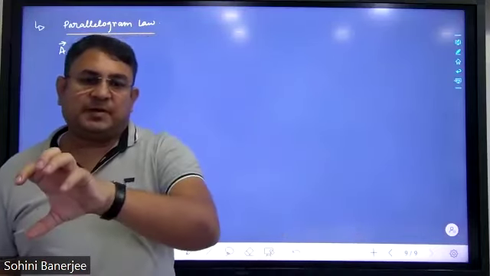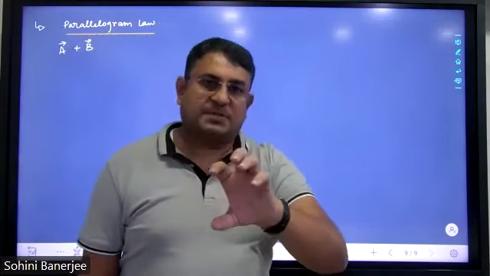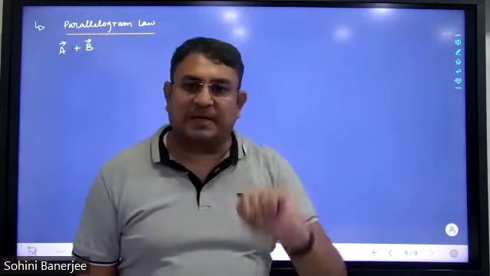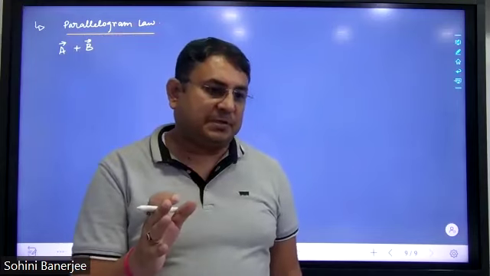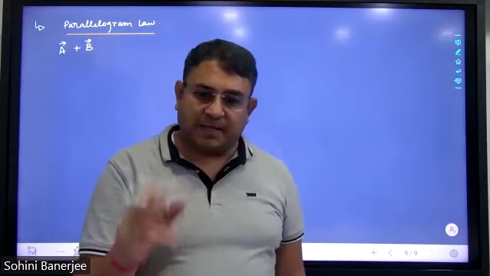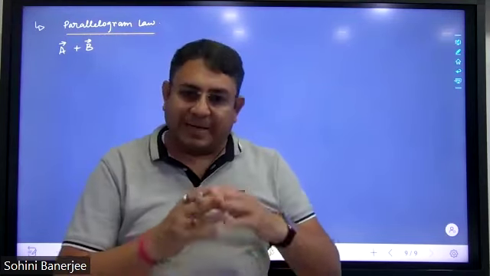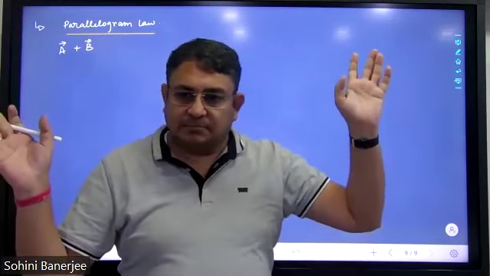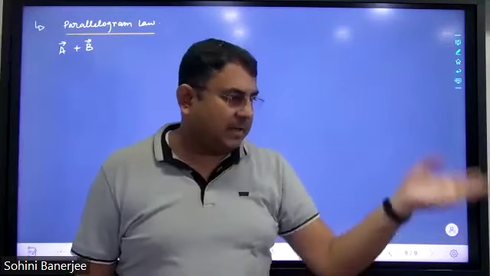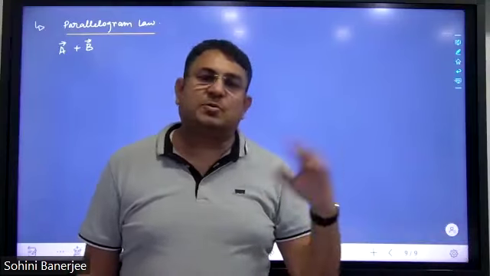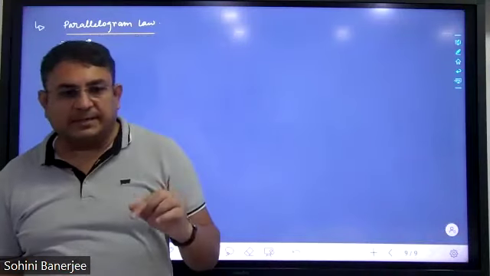So A vector and B vector are to be added. Of course, this is going to be totally different from scalar addition, because in case of scalar quantities, we had only the magnitudes to deal with. But now we have to deal with directions as well. Vectors may have any direction. Between two vectors, the angle can be anything from 0 to 180. So that is to be taken care of while adding.